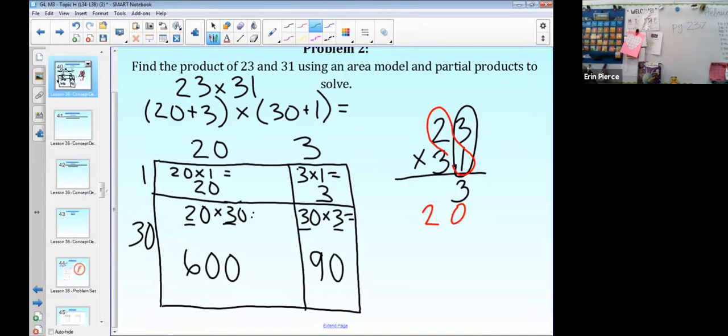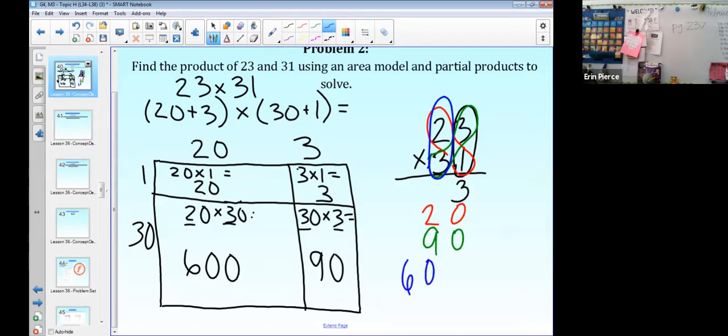Going tens to ones. 30 times 3. Scotty. 90. Last column. 30. Did I mess something up on there? Oh no. Okay, 30 times 20. Owen. 600.